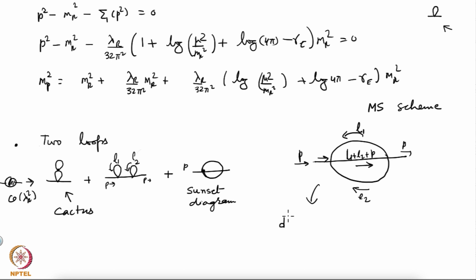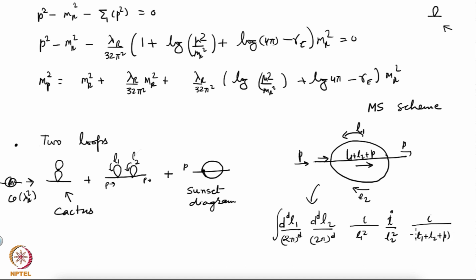It will be d^d l1 d^d l2, these factors also, and then you will have i over l1 square, i over l2 square, and i over (l1 plus l2 plus P) square.